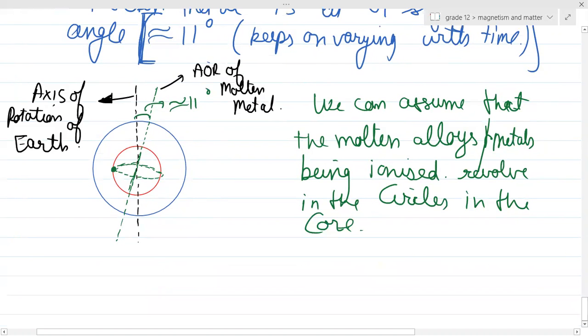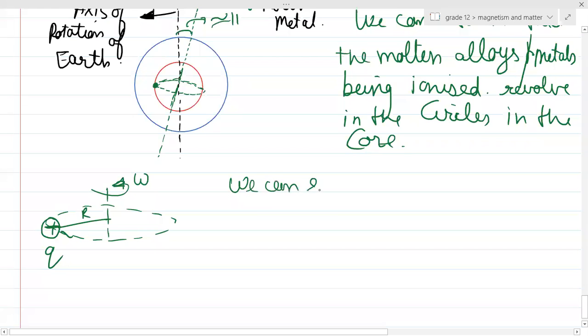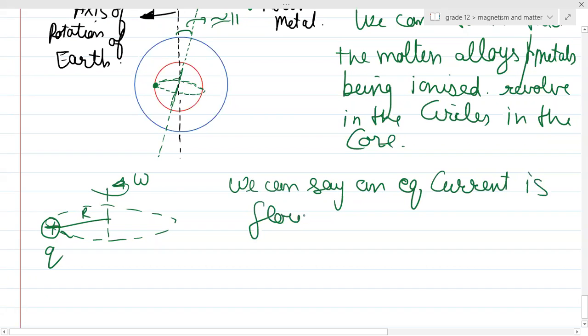Whenever a charged particle revolves in circles, suppose the charge is q and the radius of the circle is r, and this charge is revolving with an angular speed omega, then we can say an equivalent current is flowing in this circular circuit.